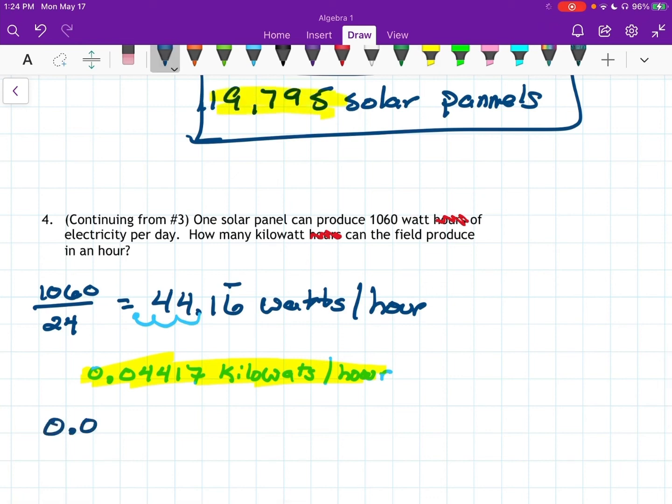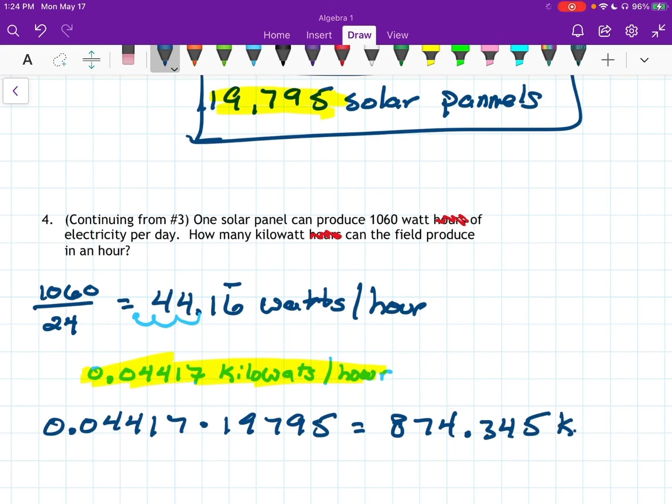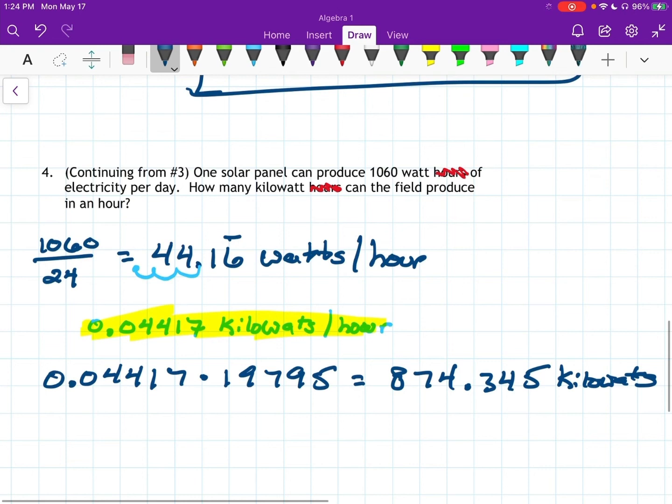So 0.04417 times 19795, that gives me 874.345 kilowatts. And now we need to look back at rounding.